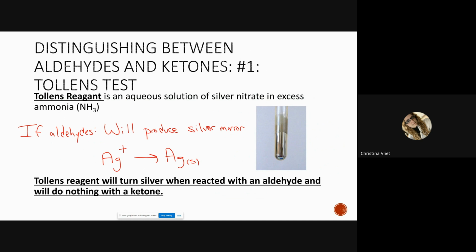It'll be made out of silver on your test tube, if you do it right. A mirror. You'll be able to look at your face through it, reflective like pure silver, on the inside rim of your test tube.